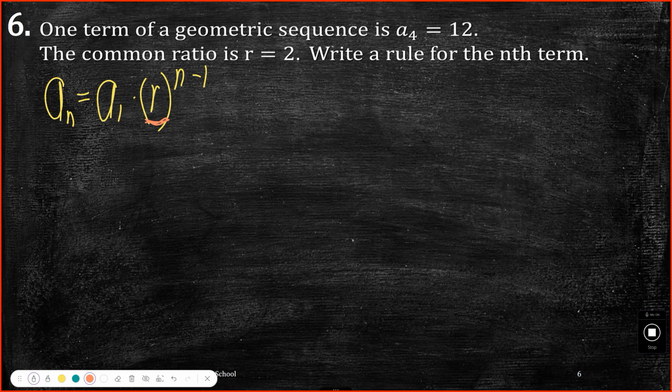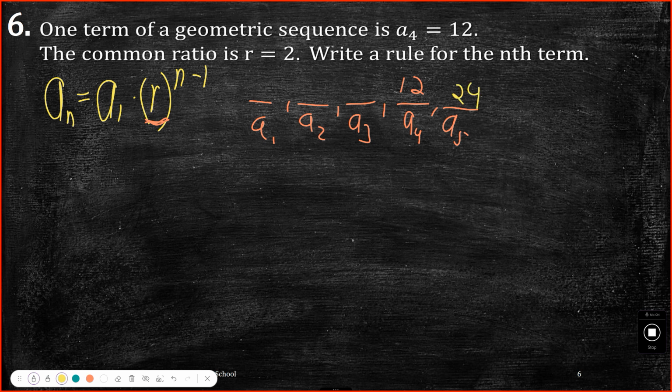Is there a way that we could just figure it out by sequencing it? Let's see. So it's saying that this is A4, A3, A2, A1, A5. A4 is 12. We need to get A1. What's A5? 24.